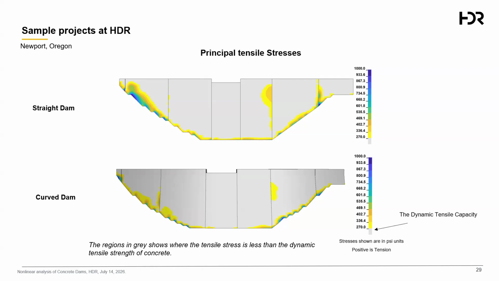So the gray region here shows the areas that remain below the tensile capacity. For the straight configuration, the maximum tensile demand occurs early in the response. And as you can see here, there are more concentrated stresses at some of the blocks.